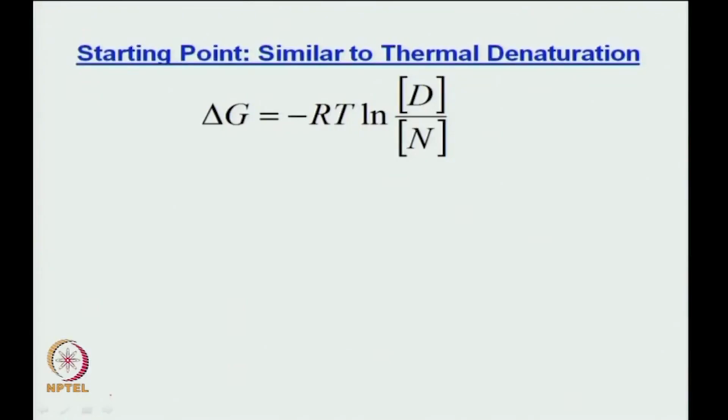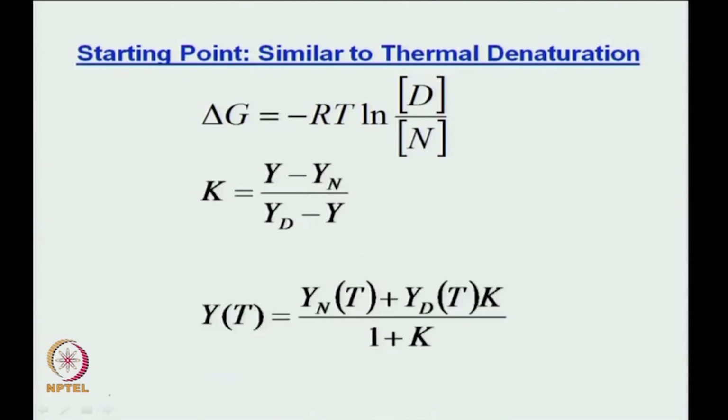The starting point is, again you take a two state model, that means you are going from N to D, nothing in between. So, delta G is given by this equilibrium constant, and we have derived this yesterday in class. And here y of t is given by this expression, but remember when you are doing a chemical denaturation you are varying what?